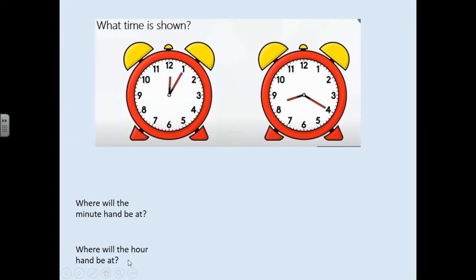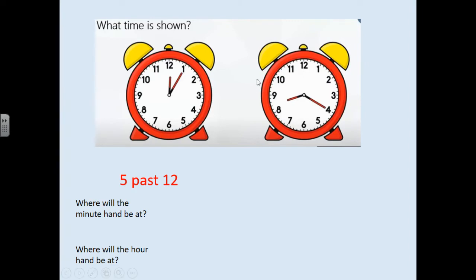And where will the hour hand be? We can see that the hour hand has just gone past 12. Starting from 12, we're counting in 5s, so it's 5 minutes past 12. So it's 5 past 12.